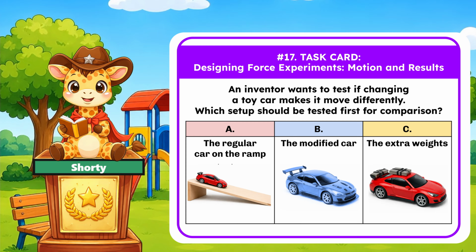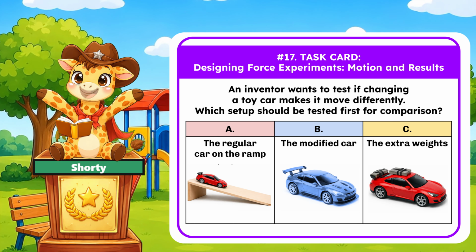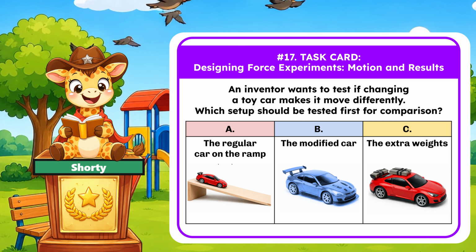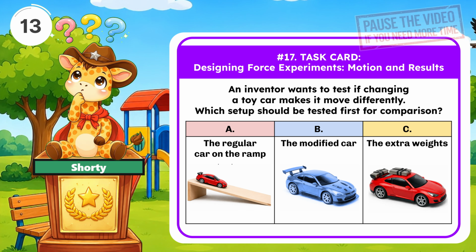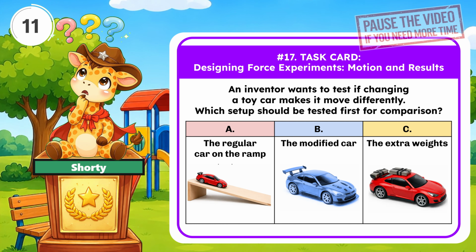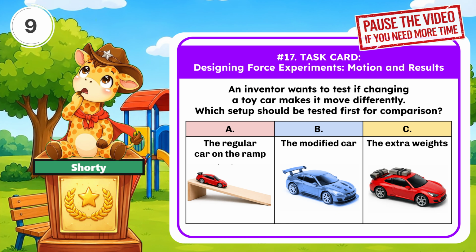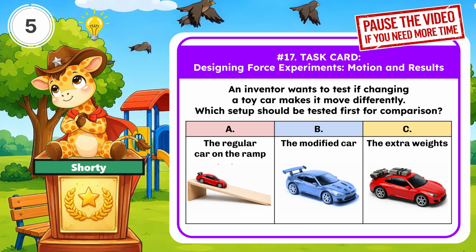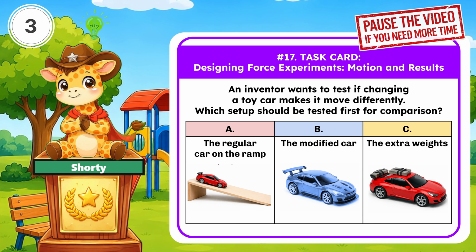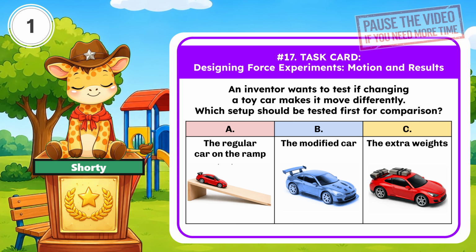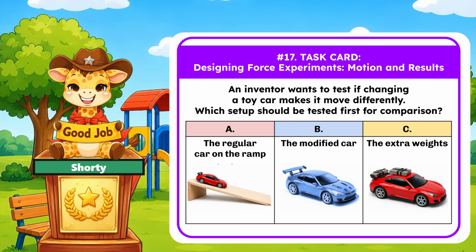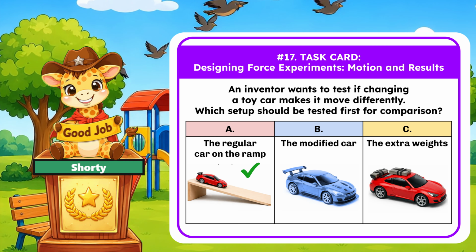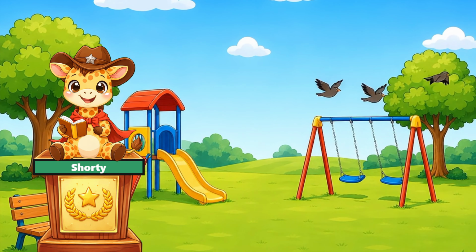An inventor wants to test if changing a toy car makes it move differently. Which setup should be tested first for comparison? And the correct answer is letter A. The regular car on the ramp.